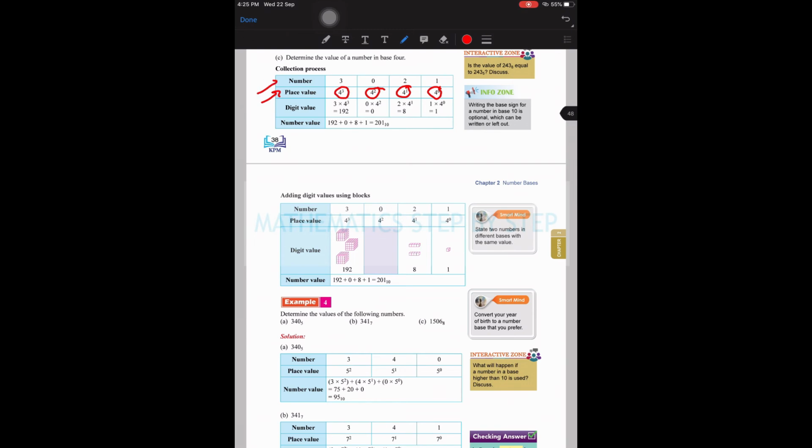So we know that this number is in base 4. 3021 base 4. Now we'll get the digit values. So this is the outcome, and then we add them up. We get 201 base 10. So 3021 base 4 in base 10 is actually 201.